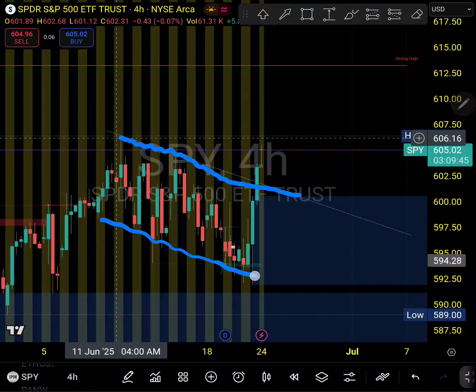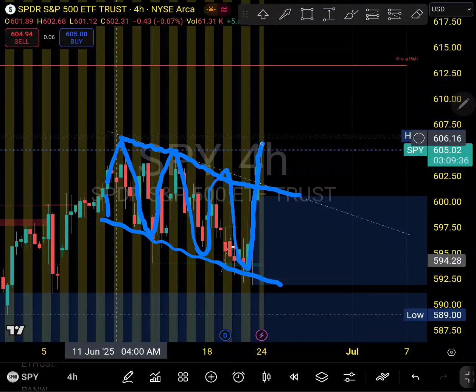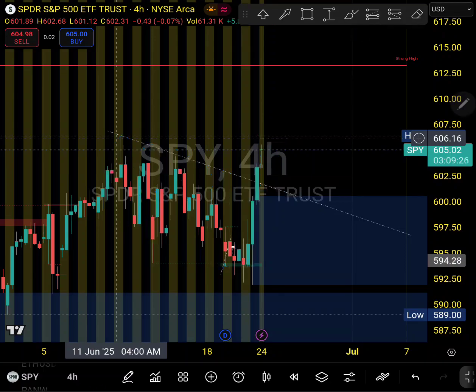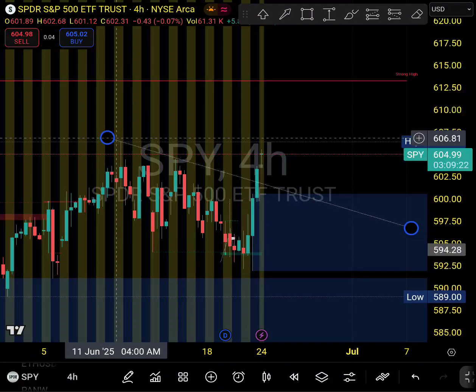If I draw these two horizontal lines, the market was in the range, and yesterday it broke above and hit the same level which was there from the recent high. All right. So now what should be the game plan for today?